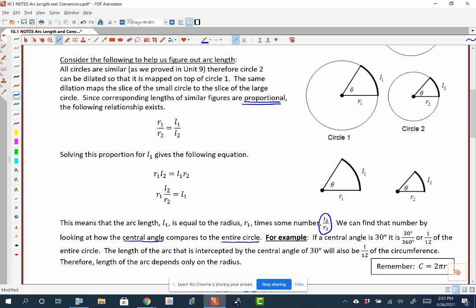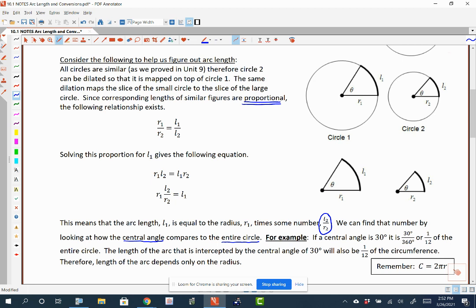So for example, if we have a central angle that is 30 degrees, when we compare it to the whole circle, we'd get 30 over 360, which does simplify to 1/12 of the entire circle. So 30 degrees is 1/12 of the entire circle.